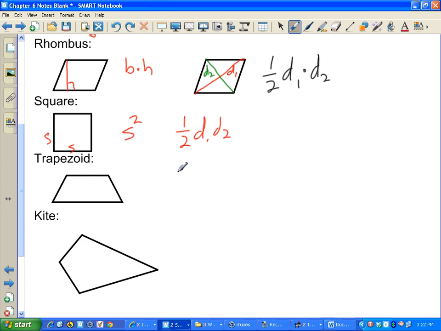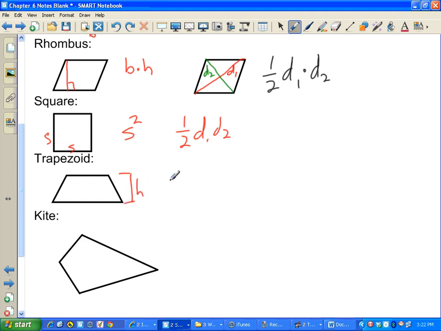For a trapezoid, it is a little bit different than the rest of them. There's a couple ways to think about it. What you want to do is you want to take the mid-segment times the height. Okay, and the height is the difference between the bases.